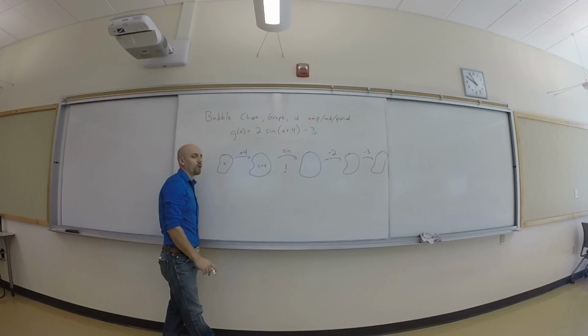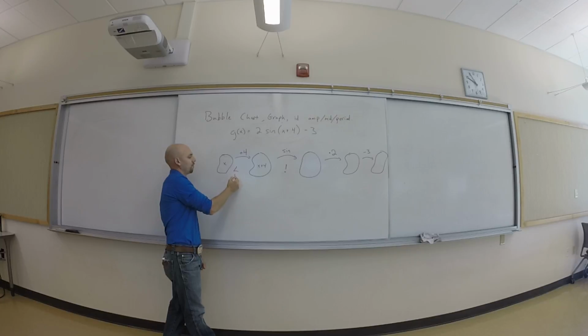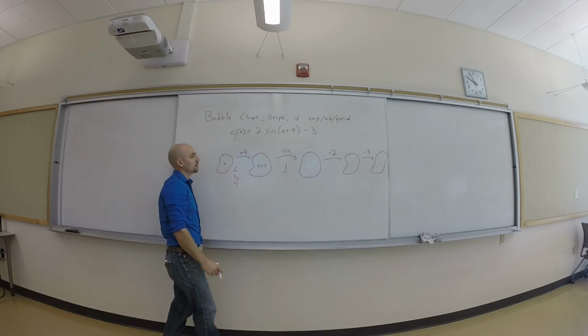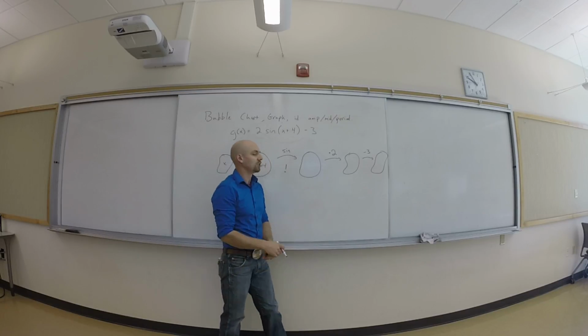So what's the plus 4 represent? You're going back 4, starting from 4? Yeah, that's a left by 4, right? Because it happens before the rule, so it's a horizontal type thing. And it's an addition, which is a shift, right? Okay, how about the multiply by 2?